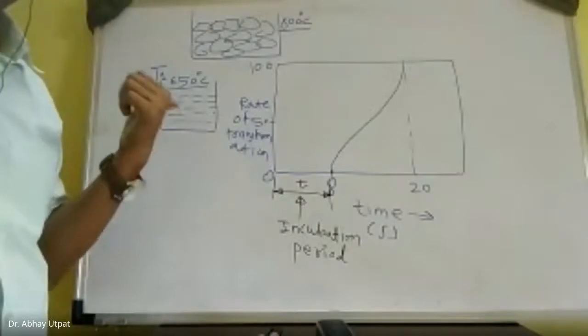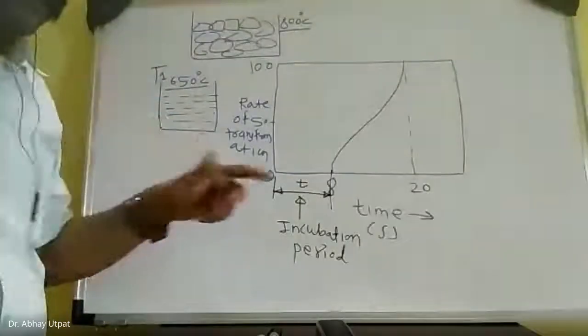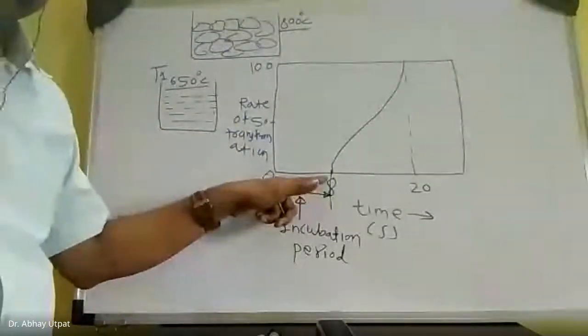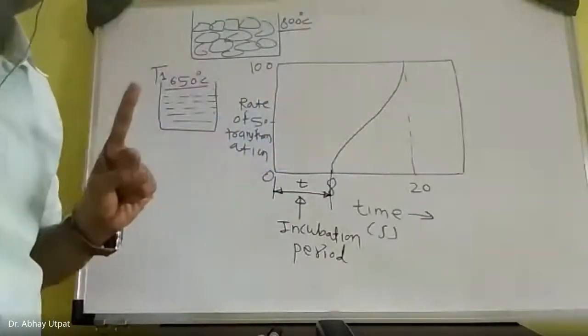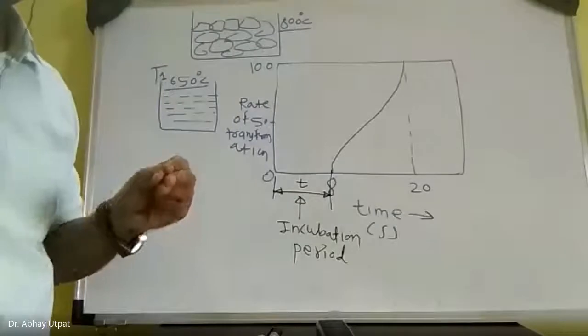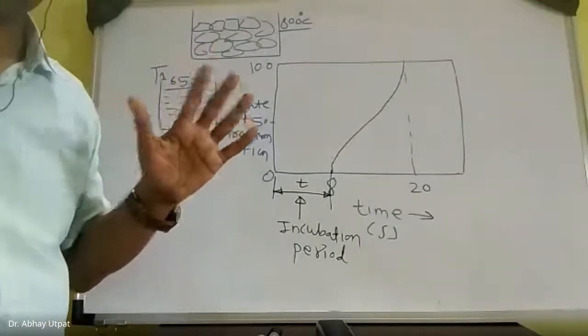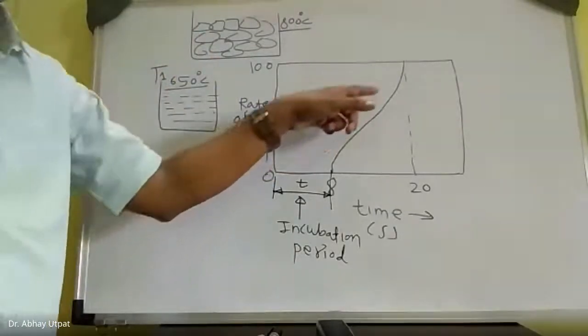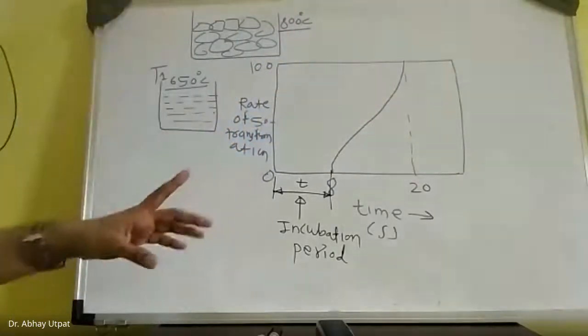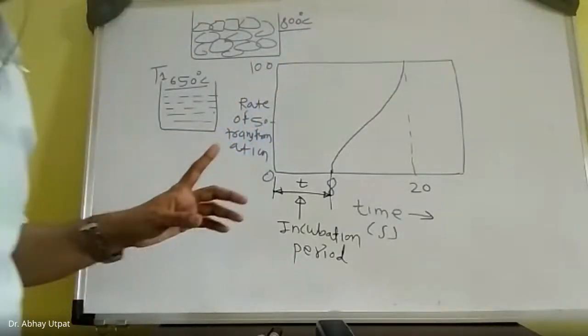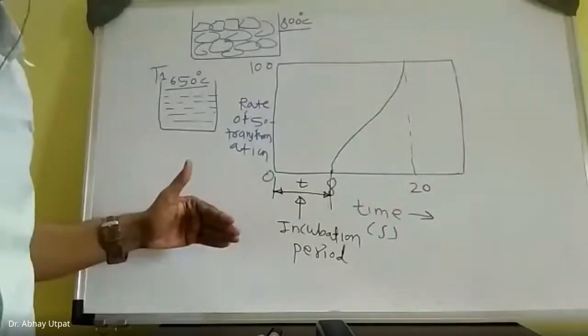This is the example. So at constant temperature, transformation starts and transformation finishes. So this is one experiment in which 5 sub-experiments I have carried out to measure the percentage of transformation at different time. Now same experiment for lower temperatures.